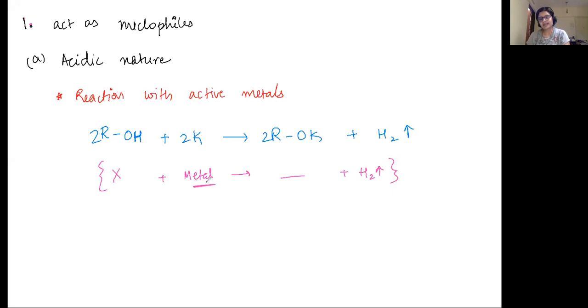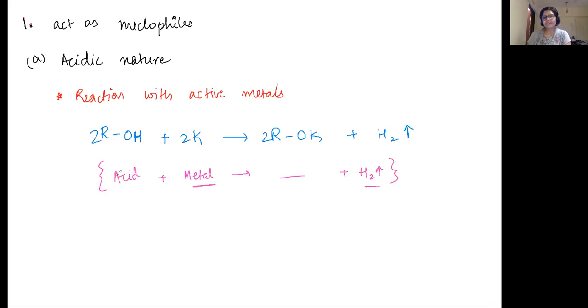On reacting with some metal, hydrogen is released. Which substance is that? Jasleen is saying it is familiar. Ria has got it. Good stuff, Ria. You remember. Amala also got it. Correct.